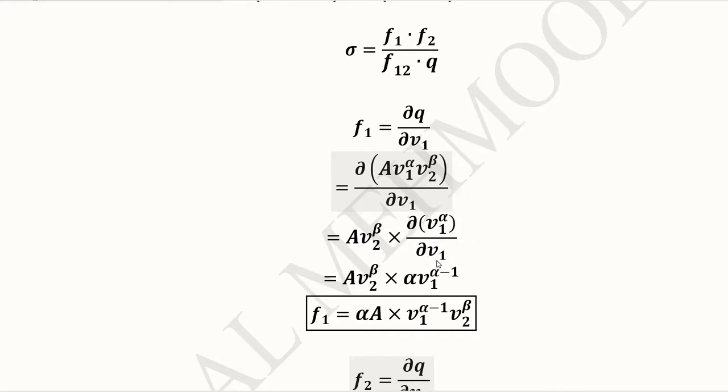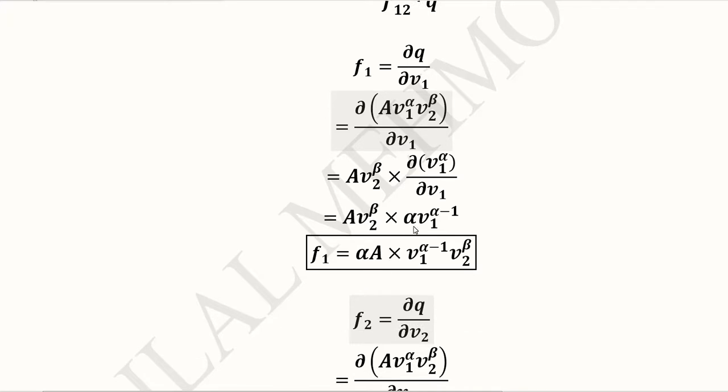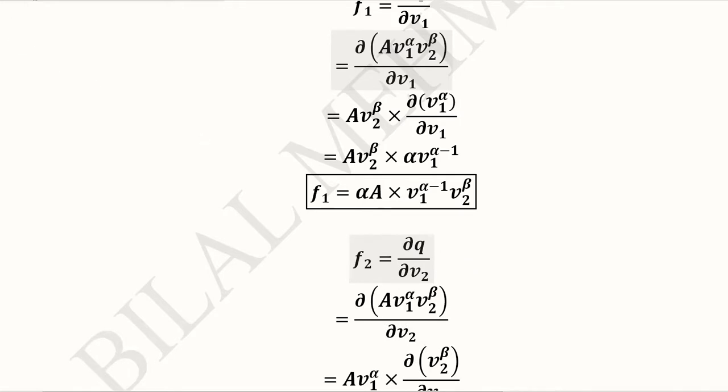For this derivative we apply the power rule, and it is easy to apply, whereas this term remains as a coefficient. Now we can write it like this, in which the coefficients appear first, then v1, and then finally v2. So this is f1, and finally the other factor of production v2 at the end. So it is in a good sequence.